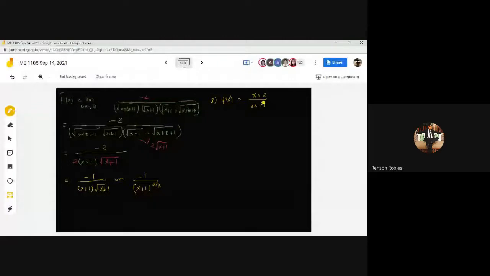I mean, alam ko naman na alam niyo na to. Okay. We have f prime of x equals limit. Again, that's if function. So you can just write 1 over delta x here. Delta x approaches 0. And then, hold on na.